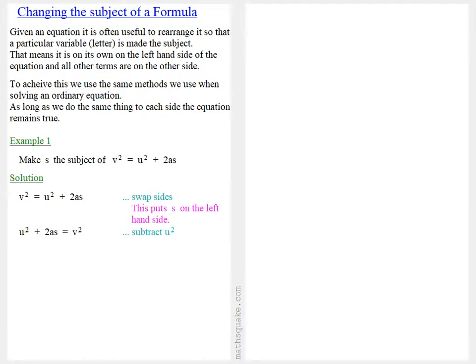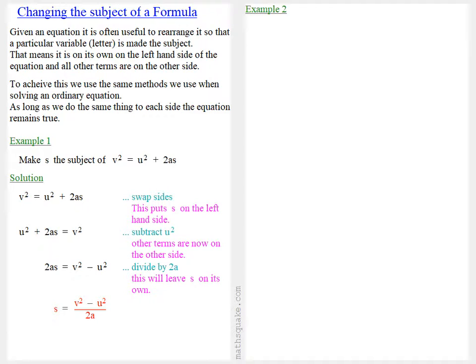Now if we subtract u squared, the other terms are now on the other side, and we have 2as equals v squared minus u squared. Now if we divide by 2a, this will leave s on its own, and we'll have s equals v squared minus u squared all over 2a, and that's our solution.